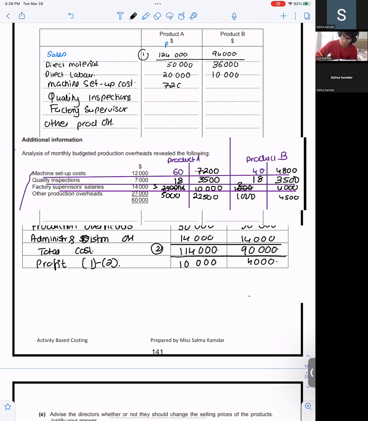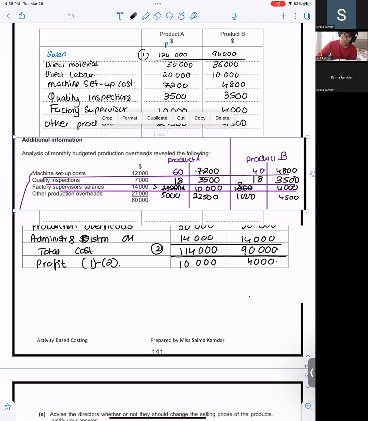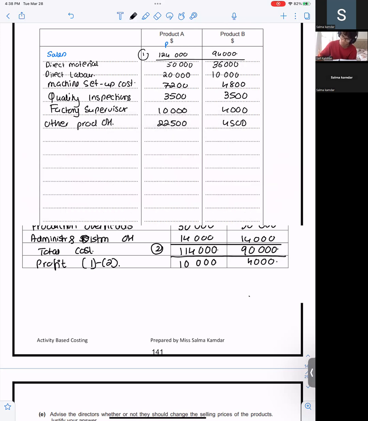So it will be 7,200, 4,800, 3,500, 3,500. Factory supervisor will be 10,000, 4,000, and this will be 22,500 and 4,500. Correct?